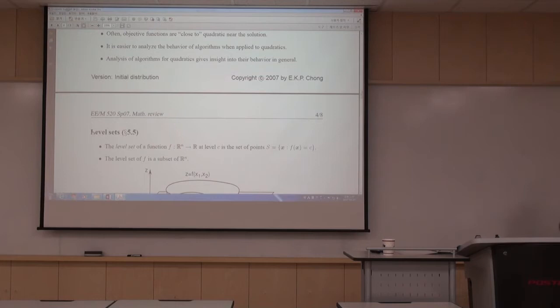Especially the notions of continuity of a function and differentiation of a multivariable function are very important. So if you do not remember some of them, read it. Anyway, this is an overview, and let me start.